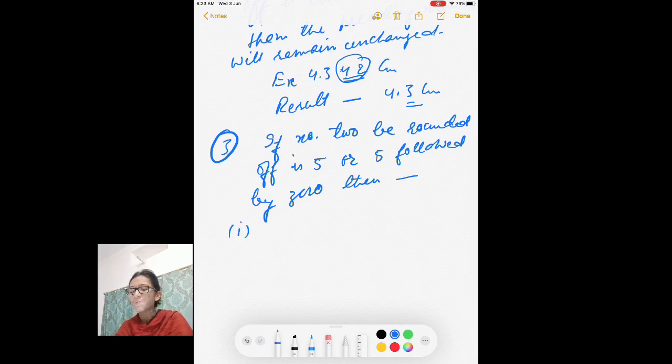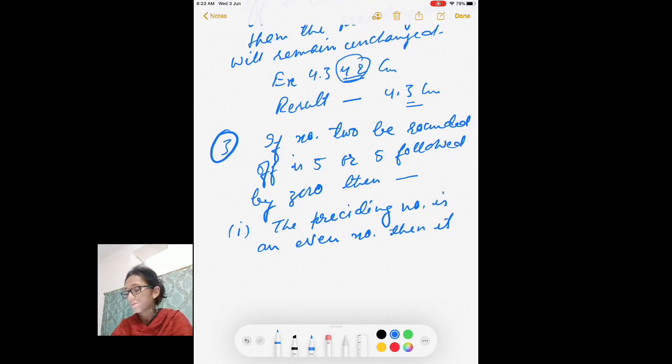If the preceding number is an even number, then it will remain unchanged.